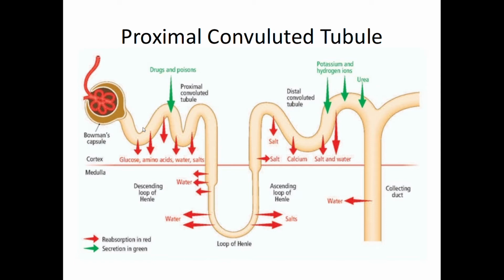We're going to be reabsorbing glucose like we just talked about. We're going to be reabsorbing amino acids by a very similar process to the glucose. And we're also going to start reabsorbing water and salts. You already saw how we're absorbing salts. Water is just going to passively follow as we reabsorb a whole bunch of stuff, the glucose, the amino acids, and the salts.